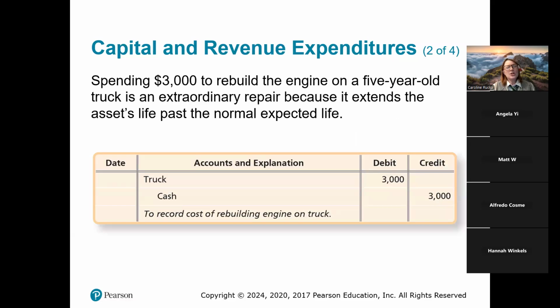Okay. So if we spend $3,000 to rebuild the engine on a 5-year-old truck, that's an extraordinary repair because it extends the asset's useful life. So we are going to increase that asset's value, the truck, by 3,000, and we're going to reduce our cash by 3,000.